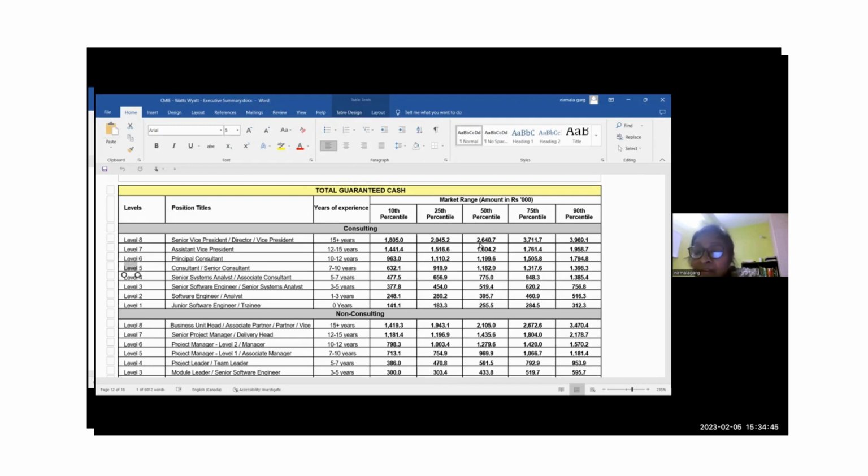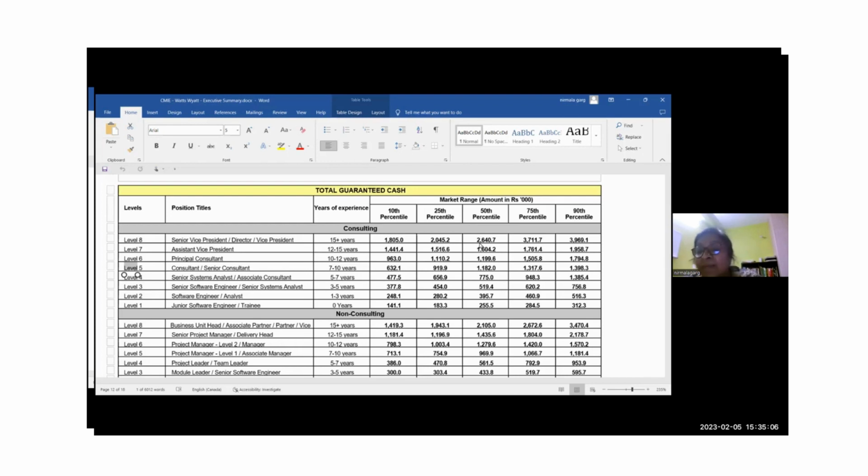So what does it mean? With the market survey, I know exactly where I am and whether I really wish to lead or lag, or I'm comfortable there. It is not necessary that once I get a salary survey, I definitely have to increase, like somebody said, right? I will know whether this position is getting paid less or more.